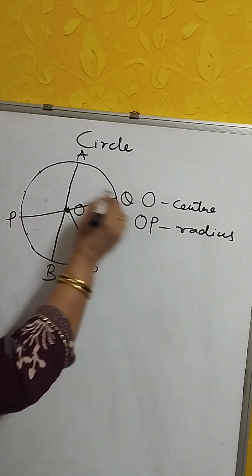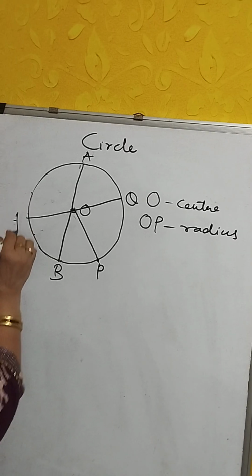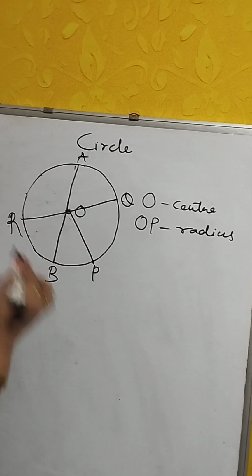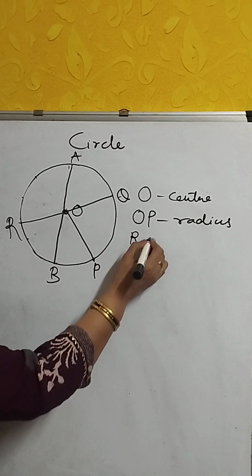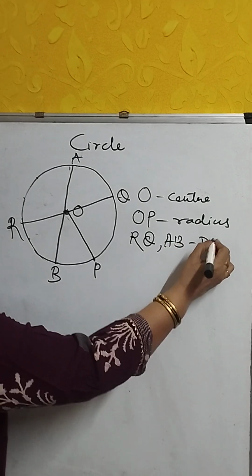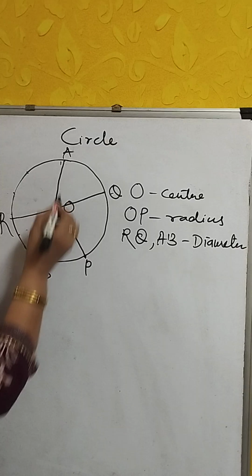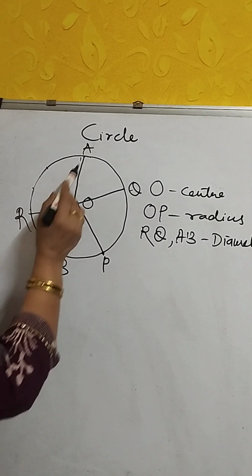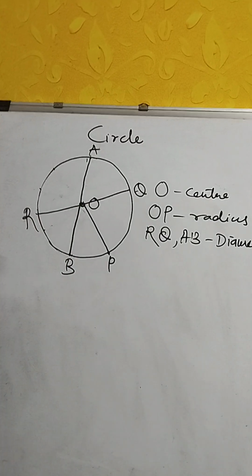So PQ, AB, sorry, P is repeated, RQ, AB, these are diameters. Diameter is a segment. RQ or AB, these are the diameters. What do you mean by diameter? The segment which passes through the center and whose end points are on the circumference of the circle.